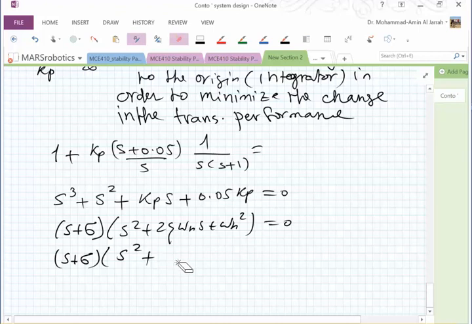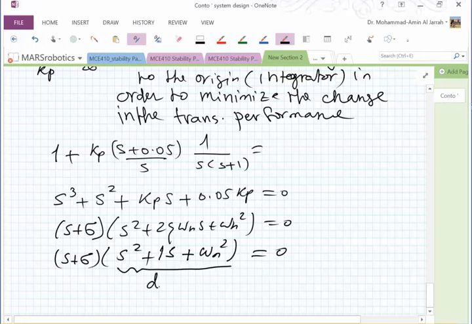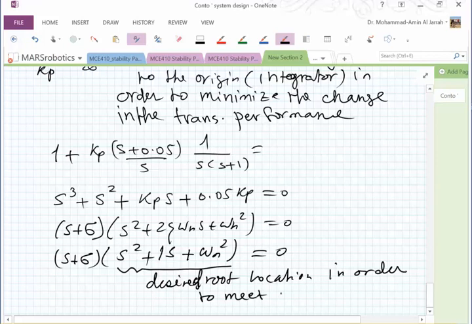If you are unclear about this, tell me why. So this is 1 S plus omega n squared. And omega n squared is what? This one is the desired root location in order to meet transient performance.